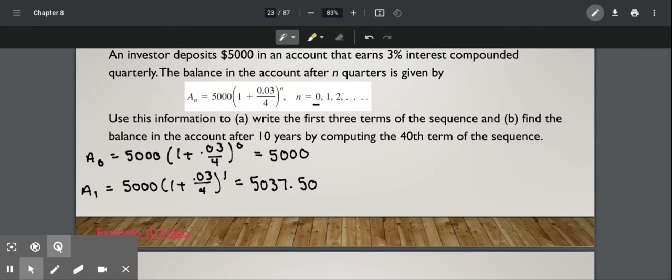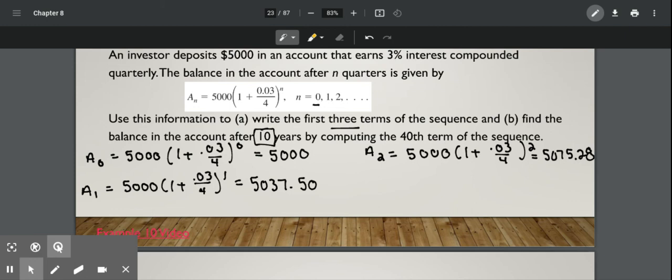And we want the first, what did it say? First 3 terms. So our a sub 2 would be our third term, which we would get by doing 5,000 times 1 plus 0.03 over 4 to the 2, which would give you 5,075.28. So then for part B, find the balance after 10 years.